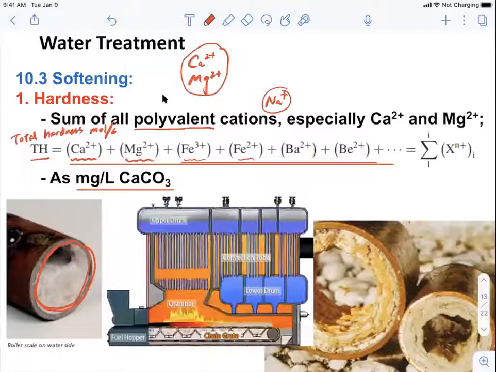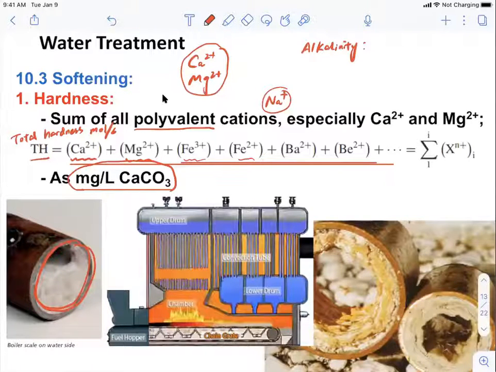Another common way that people represent the total hardness is to represent this value in milligram as calcium carbonate, okay? You may ask why we're using this equivalent mass again, right? We were using this equivalent mass concentration when we were talking about the alkalinity. I think this caused some trouble in your exam one, when you were trying to convert into the equivalent mass.